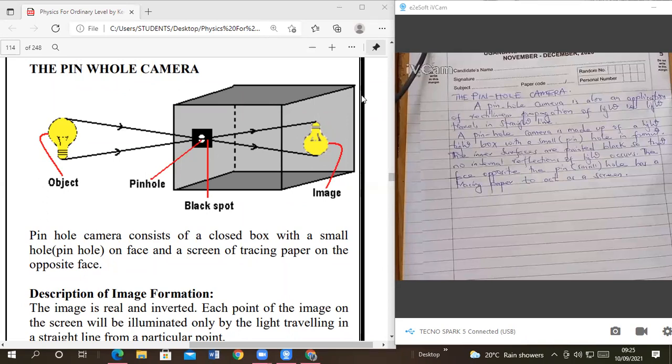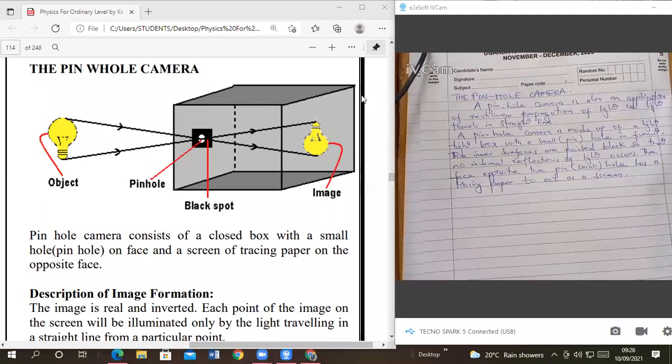Then pour some cooking oil on it. When you pour cooking oil on it, what you have formed is a tracing paper already. It's a very perfect one. That's how you improvise.